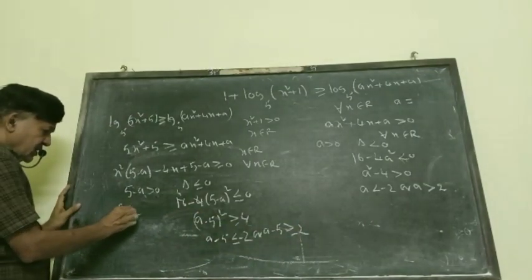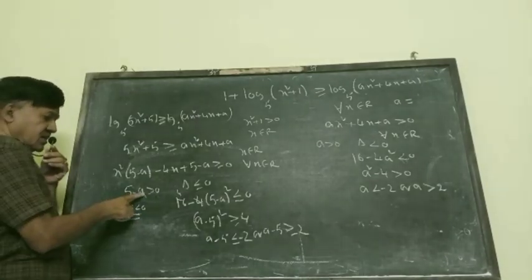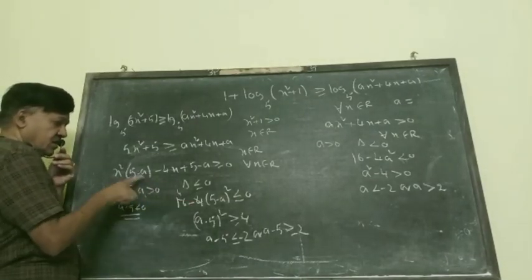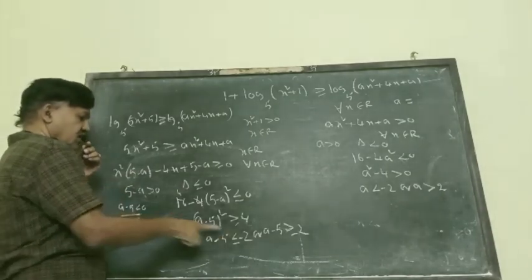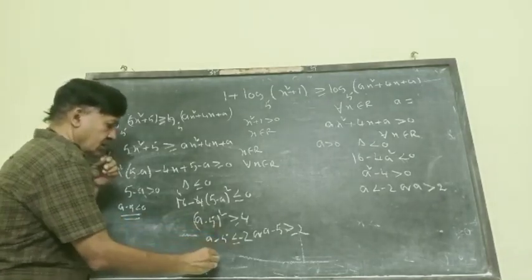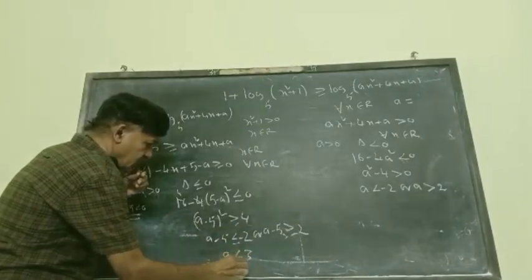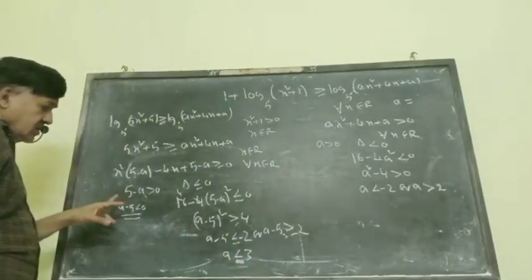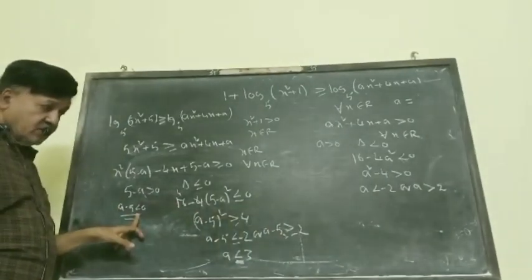What is a minus 5 here? Less than 0. This and this, is it not? This should be positive, means like this. What is the intersection of these two? This should happen, this will not happen. So a is less than or equal to 3. This is ruled out because a minus 5 is already less than 0.